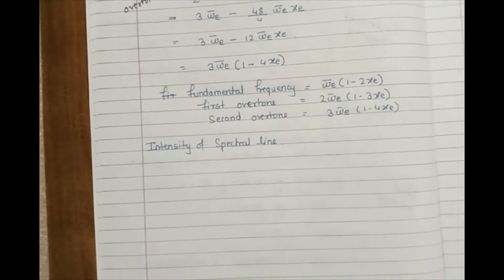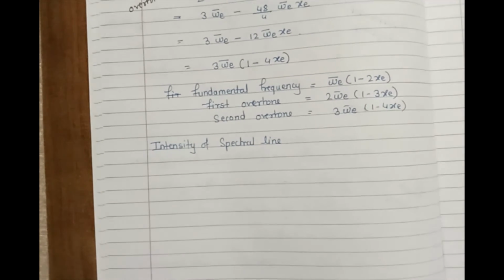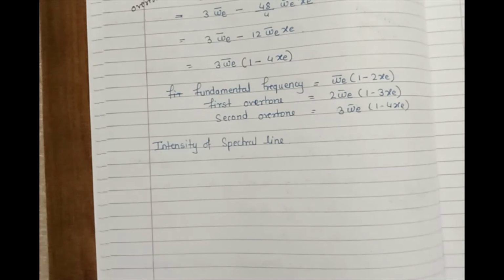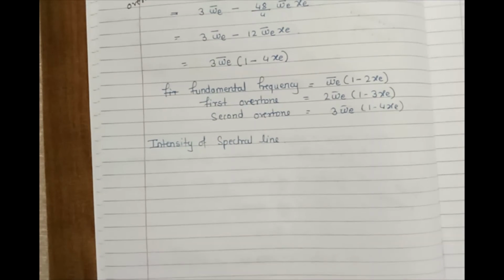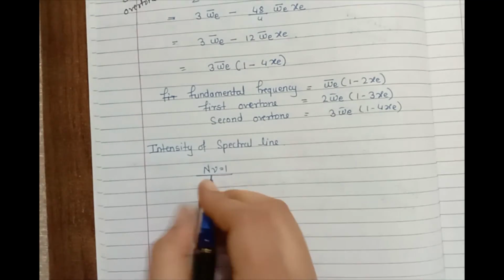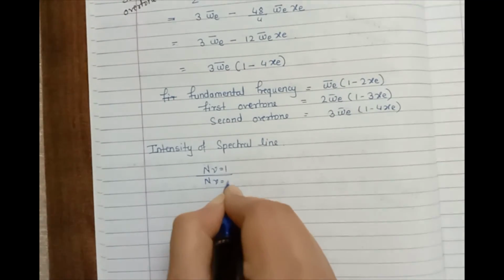We know that the intensity of a spectral line is given by the Boltzmann distribution law, that n nu upon n0 is equal to exponential of minus E upon kT. Now putting in the values, n nu is equal to 1 to n nu is equal to 0.